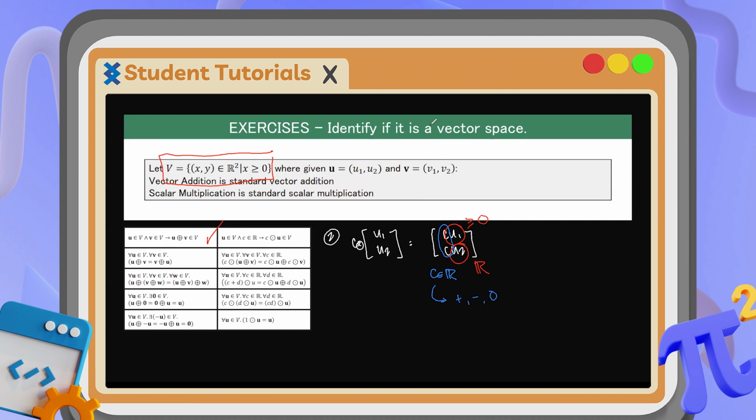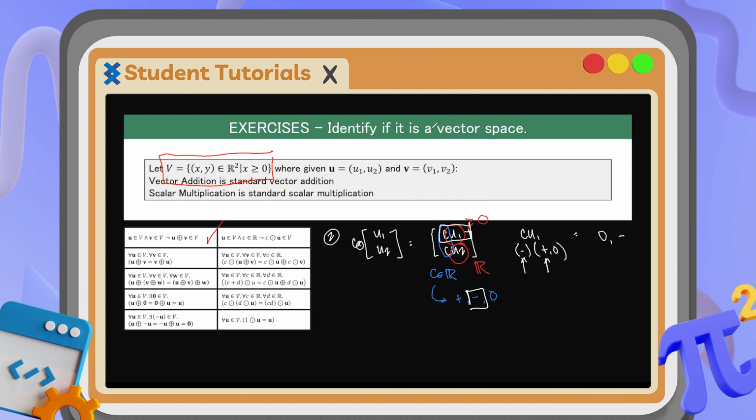The fact that it can be negative means that c u sub 1, a negative number multiplied with a positive number, can be negative.